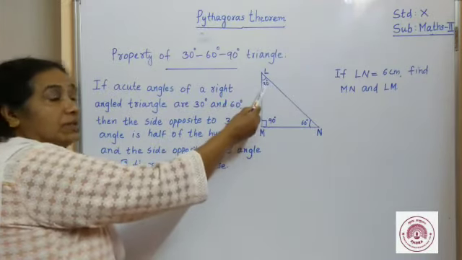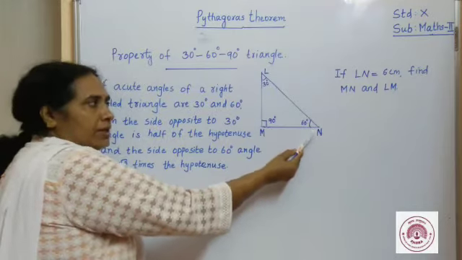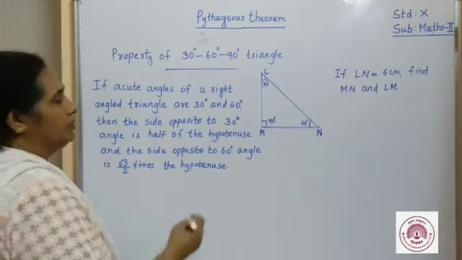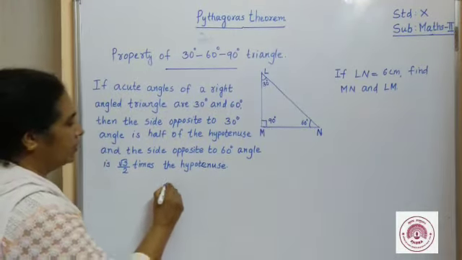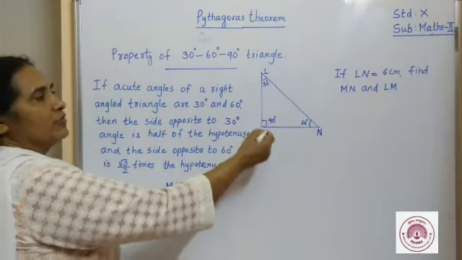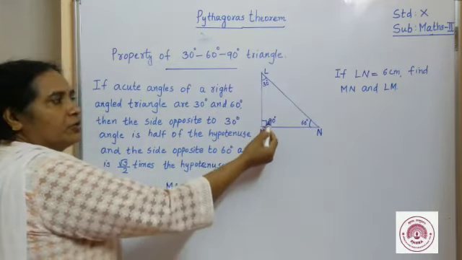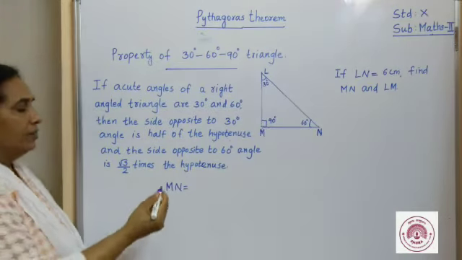side opposite to 30 degrees, that is side MN, MN is equal to half of the hypotenuse. Here the hypotenuse is side LN, that is, the side opposite to 90 degrees is the hypotenuse.